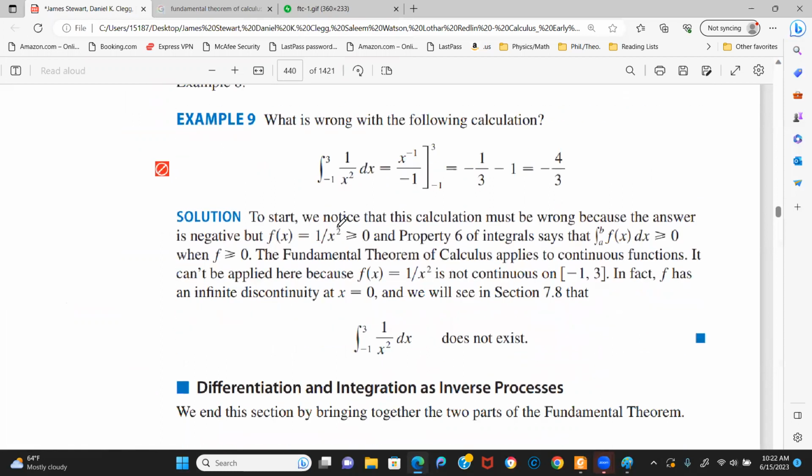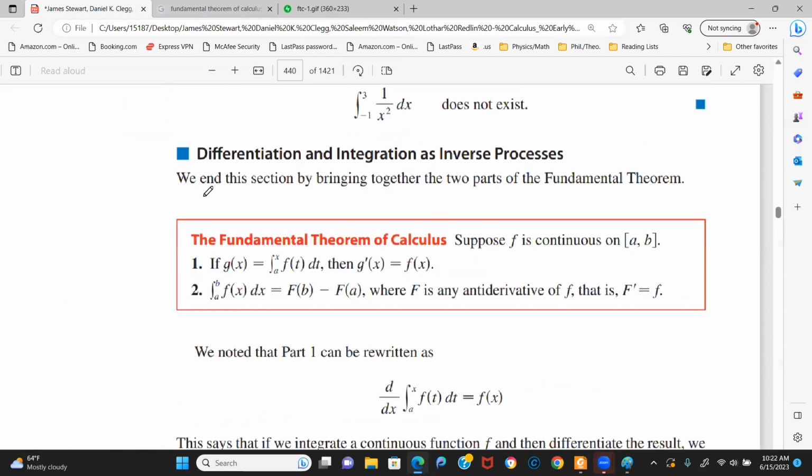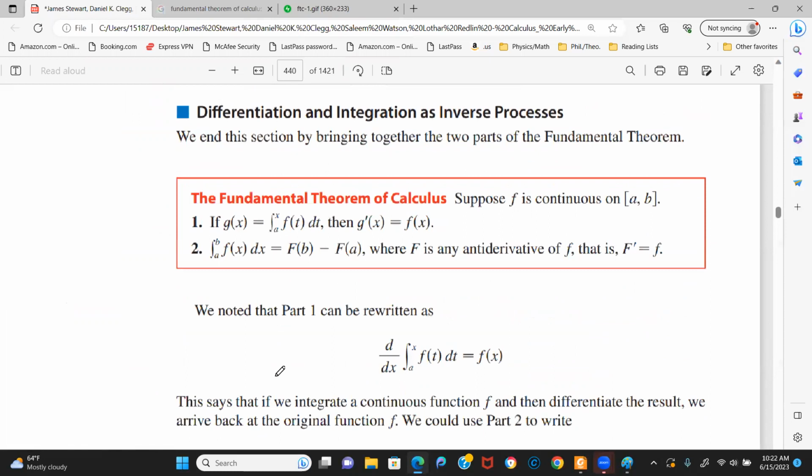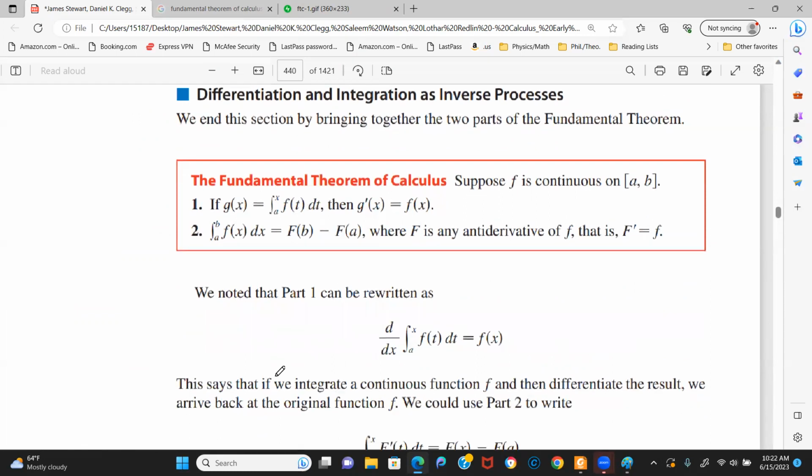All right, so now here's just a more succinct way of writing this. This is just combining both parts of the fundamental theorem of calculus into one statement. What it says is that if lowercase f is continuous on this interval, and you define g of x in this way, then its derivative is given by this.